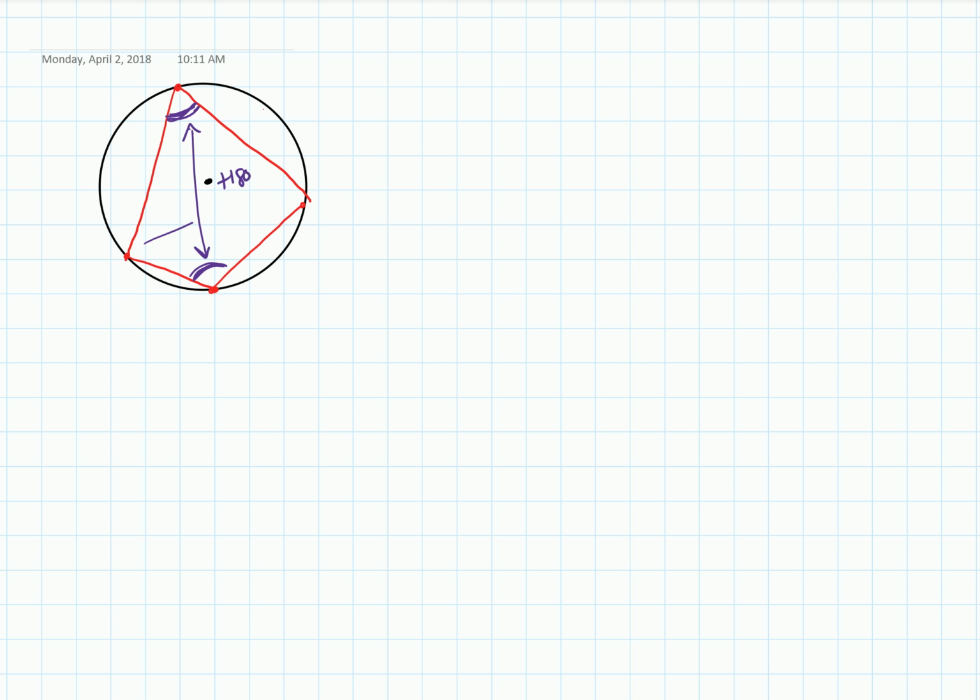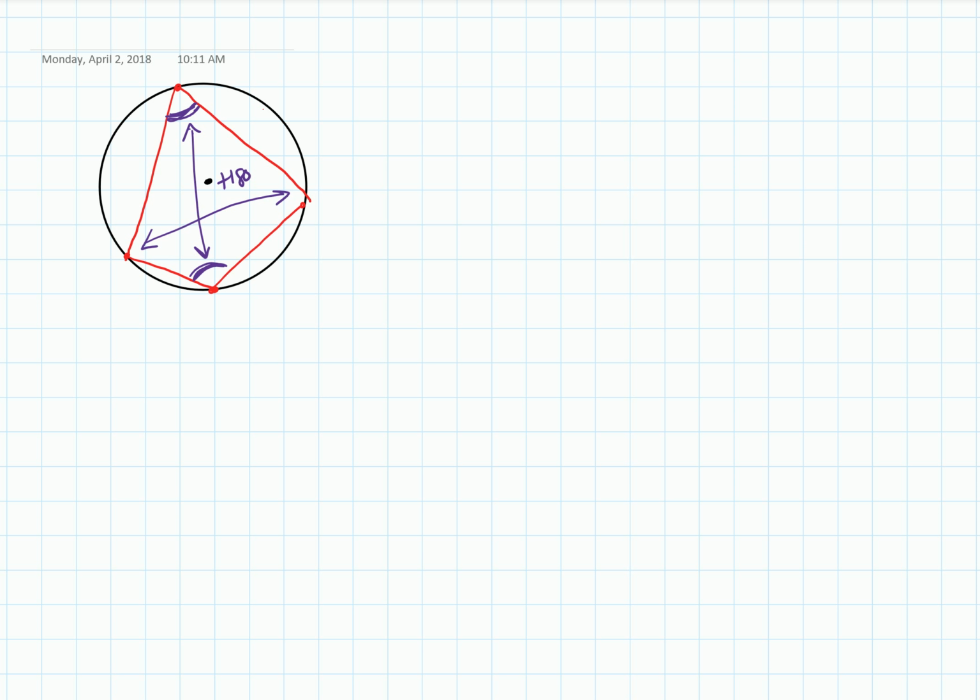In addition, these two would also have to add up to 180 degrees. This is not something that is true about all quadrilaterals. It is only true if the quadrilateral can fit perfectly inside a circle.